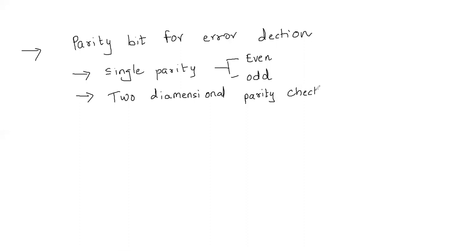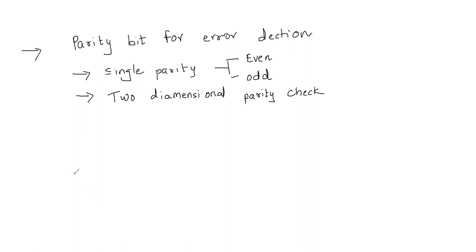Pay attention here, because if you understand this, chapter number 3 will be easy for you to understand. For understanding how the errors are corrected, we first should know how to detect them, right? Before correction, we should identify the errors, then only is it possible for us to correct them. So the parity method is the simplest method of error detection.